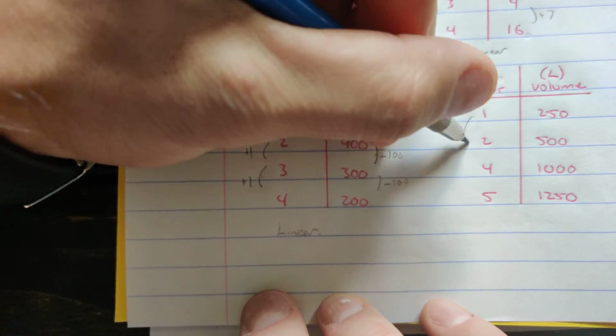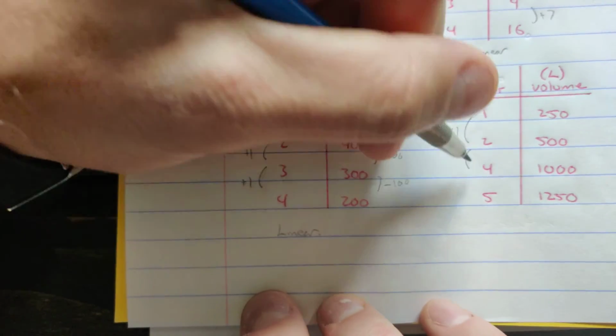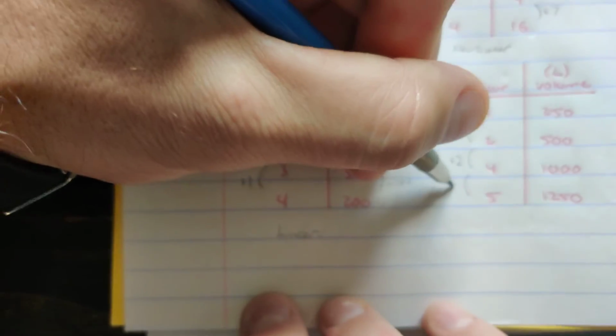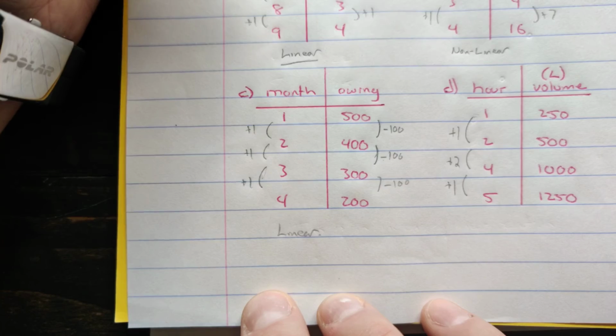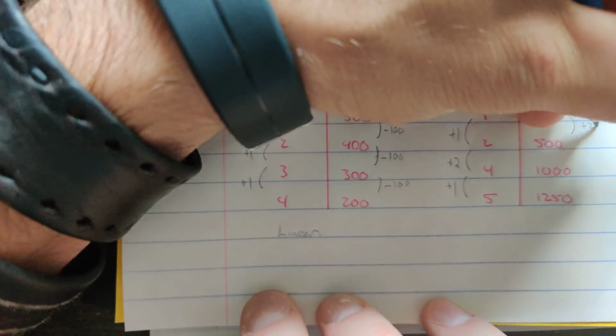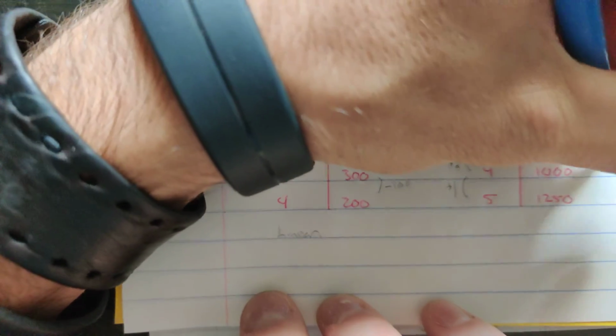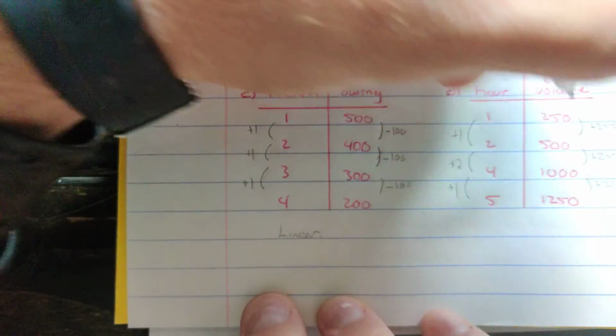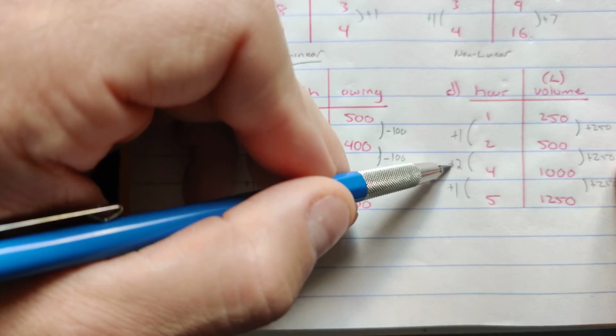Here we see plus 1, plus 2, plus 1. So that doesn't seem like it's going to be linear, because here it's plus 250, plus 250, plus 250. We would think the plus 2 would go up twice as much and should go up by 500. So this here wouldn't be linear. That would be nonlinear.